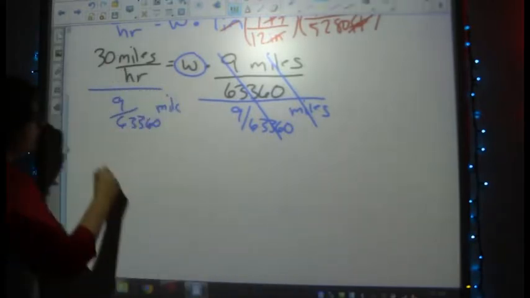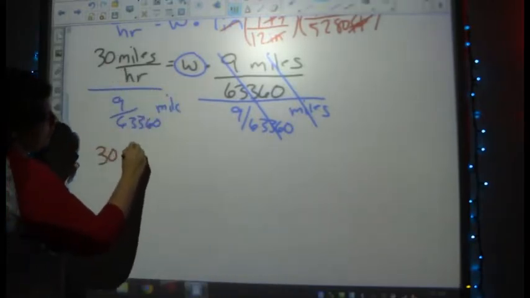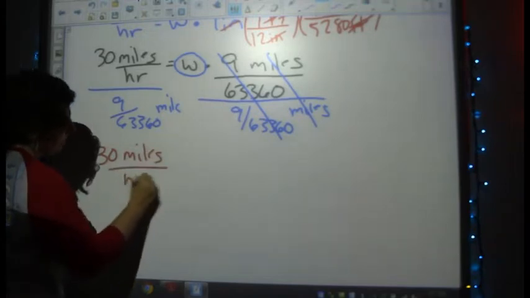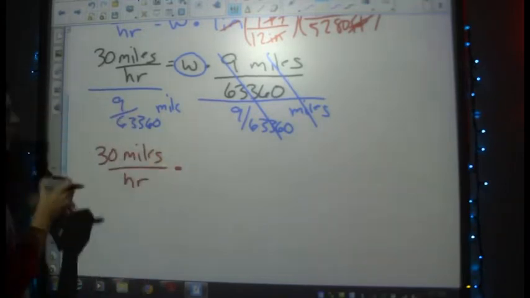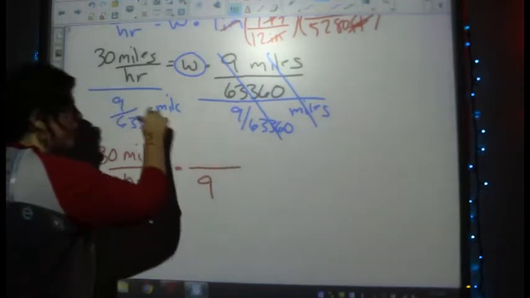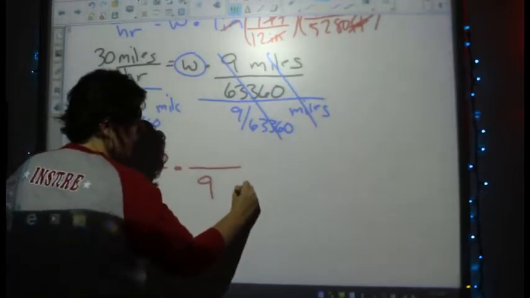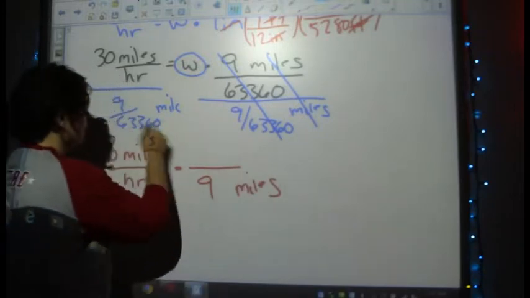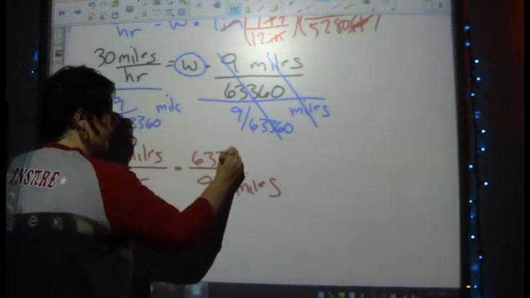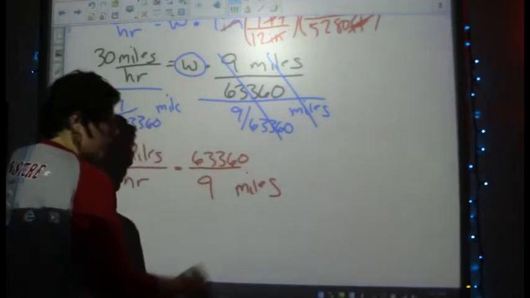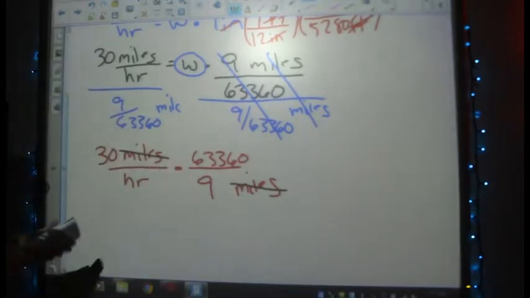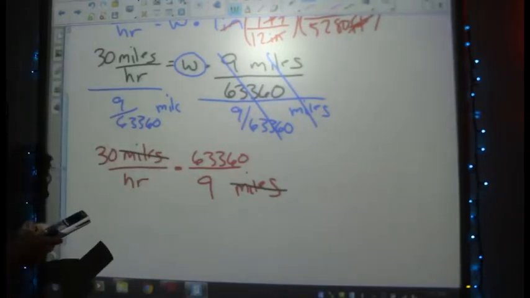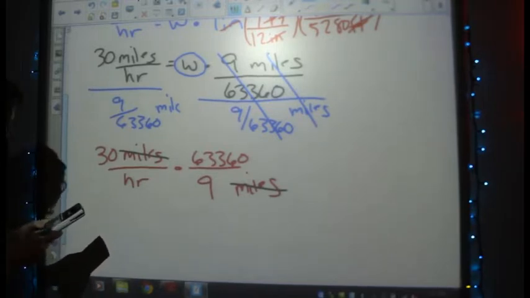So you'll see here that I have 30 miles per hour times flip and multiply. The 9 was on top, so the 9 goes to the bottom. Miles was on top, so miles goes to the bottom. On top now I have 63360. Notice the miles cancel. So I have 30 times 63360, huge number, divided by 9.